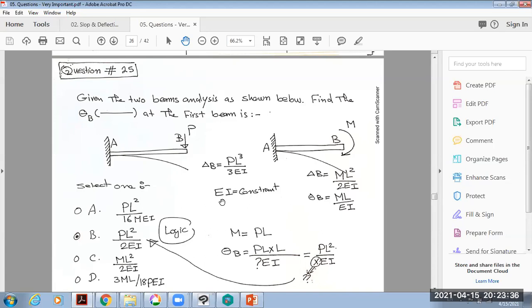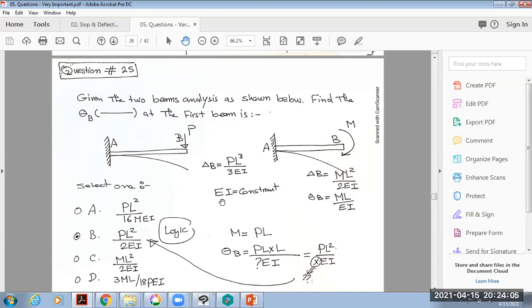Option number D, 3ML divided by 18 EI. Logically, use your logic, the answer is B. The answer is B. And in our exam, guys, use your engineering sense and logic. You can solve a lot of questions even with minimum studying effort. Okay?